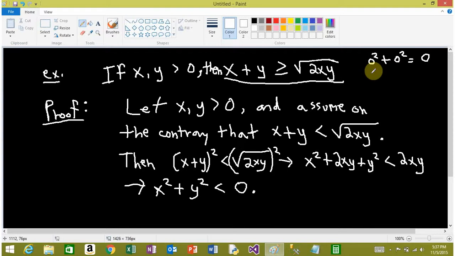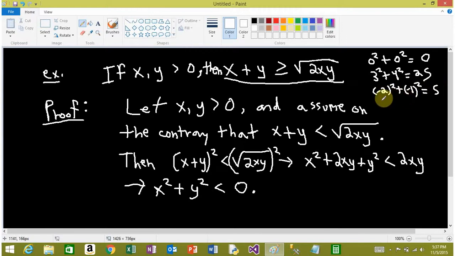And then say if you have both positive numbers, like 3 squared plus 4 squared, well, that's 9 and 16 is 25. That can't be less than 0. And then say they're both negative, then you get 4 and 1 is 5, so that can't be less than 0.